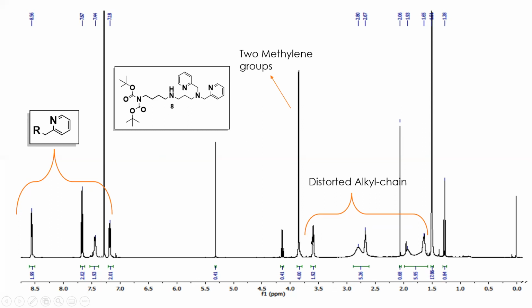Next, we have several distorted peaks. The remainder of the CH2 groups are long chain alkyl chains, which are often distorted overall in the NMR. So those are what we saw here. And finally, we had the 18 hydrogens from the 6 methyl groups on the Boc groups.